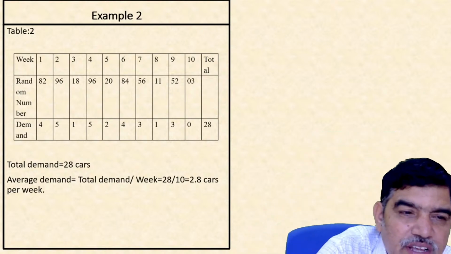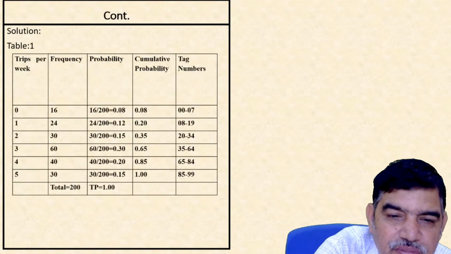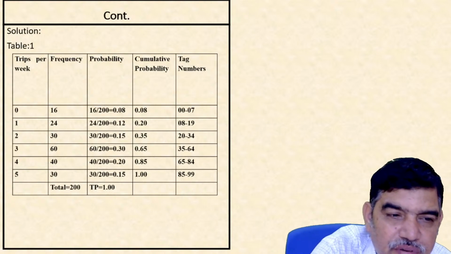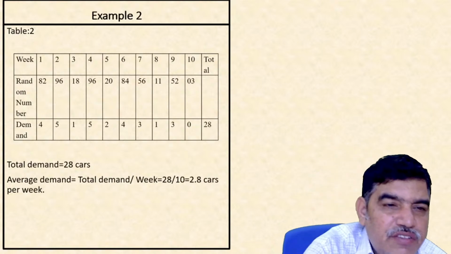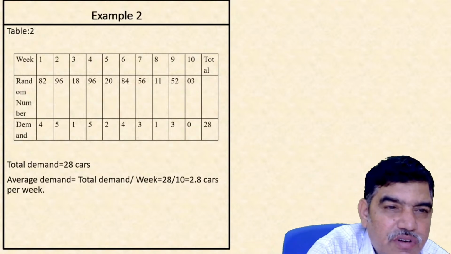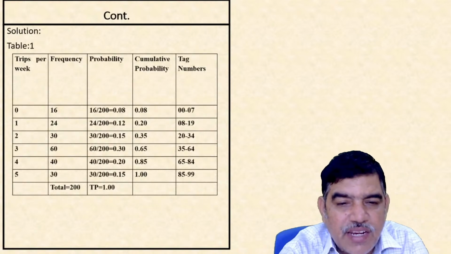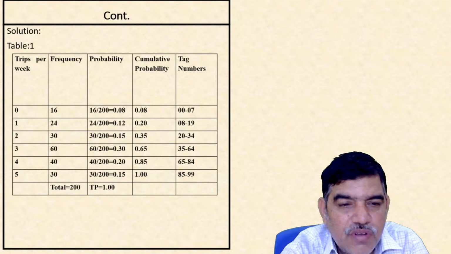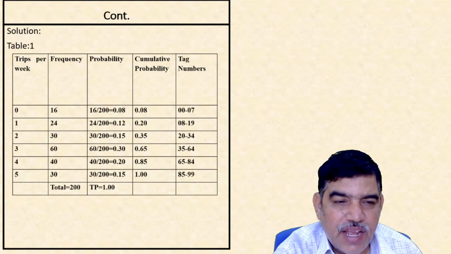How is it calculated? Look at the tag number for 82. It is in the interval 65 to 84. So the demand is 4. I am mentioning here the demand is 4. For 96, look at the slide. 96 belongs to the tag number 85 up to 99.